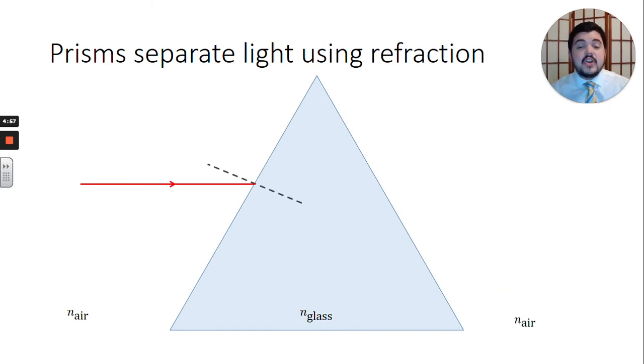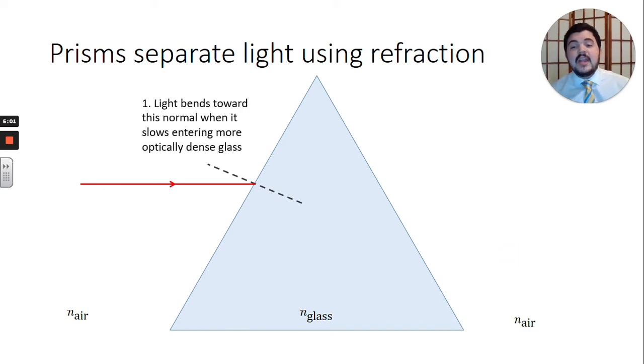This is the normal to that surface. And we know that light will bend toward the normal as it enters the slower, more optically dense glass. So we're going to get a refraction toward this normal line. That's what we have there. We're now at a new boundary that's at a different angle. There's the new normal line for that light ray.